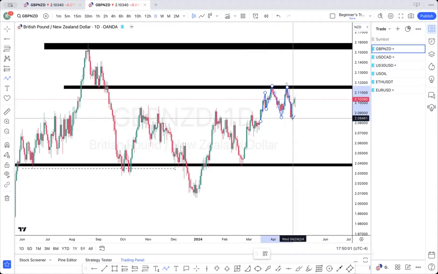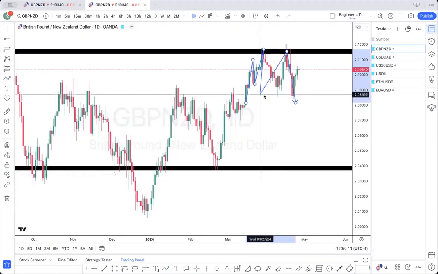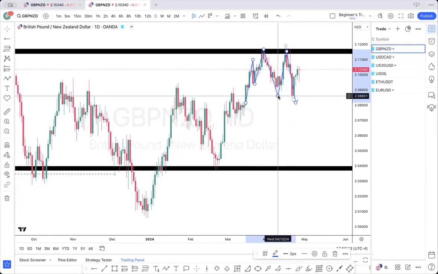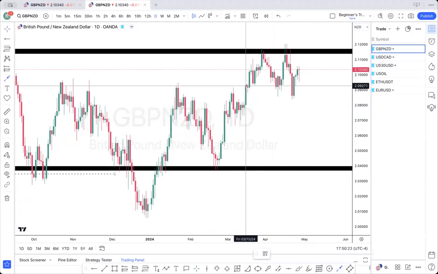And then it started breaking structure to the, did it break that? Let me see. It didn't quite break that yet, but I'm looking at the daily. So this was the first break for me.